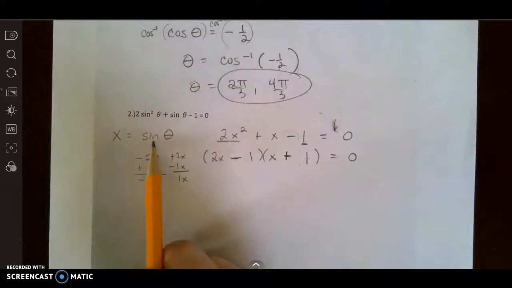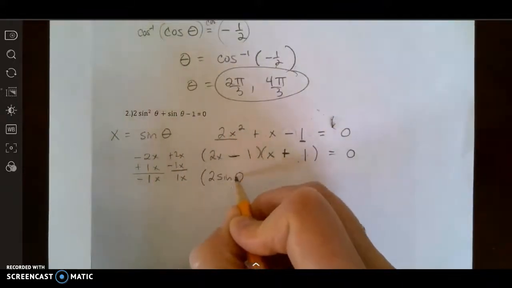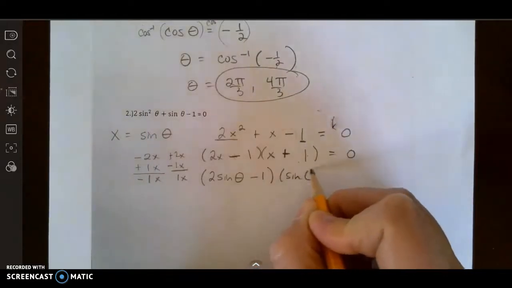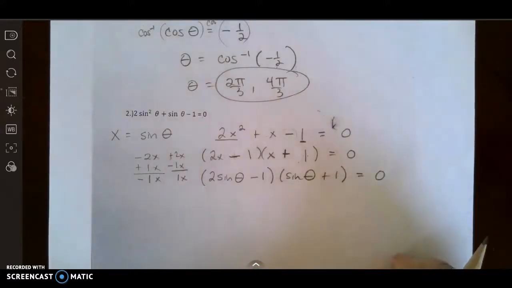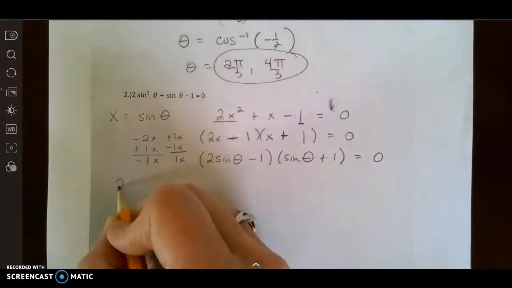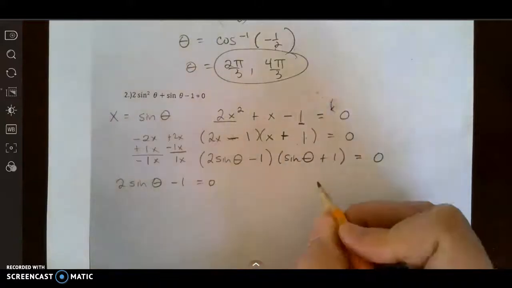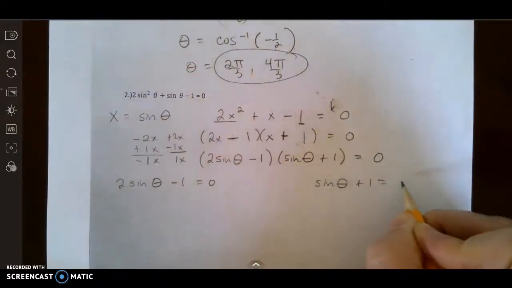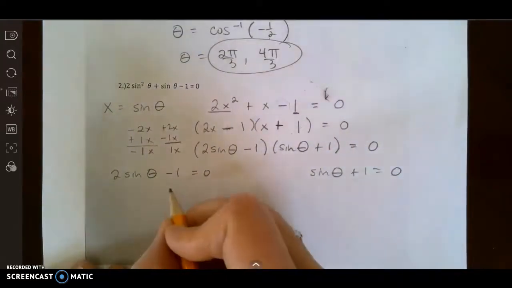I'm going to put that sine of theta back in now. 2 times the sine of theta minus 1 times sine of theta plus 1 equals 0. And now I set each factor equal to 0 and solve. So I essentially have 2 separate equations.